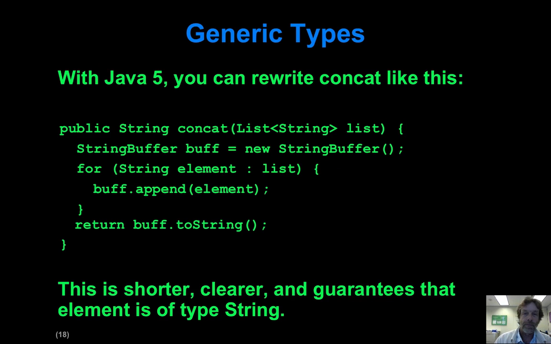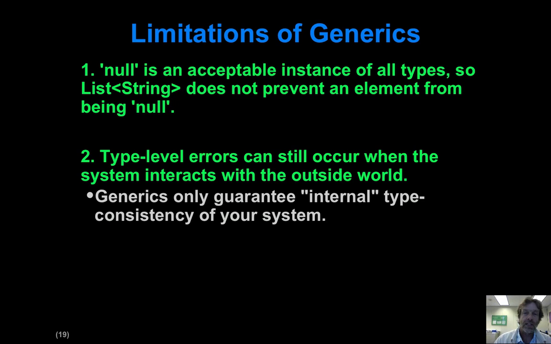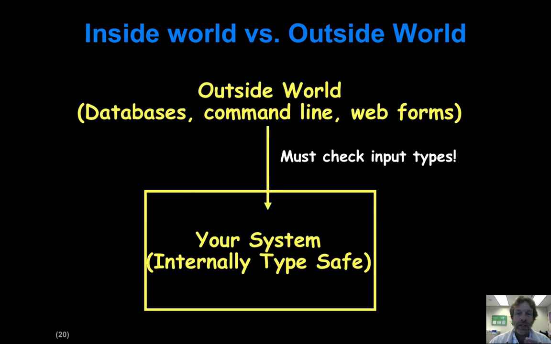Now, there are some limitations. Null is an acceptable instance, a instance of all types, so null could have been in that list, and that could screw you up. And whenever you interact with the outside world, you never know what type of object you're going to get.